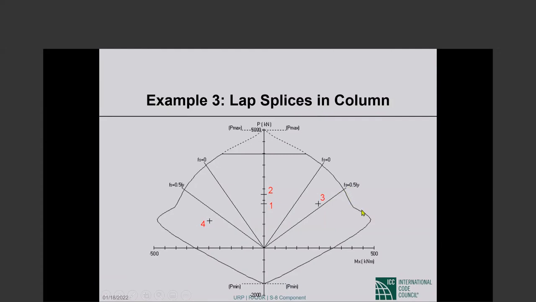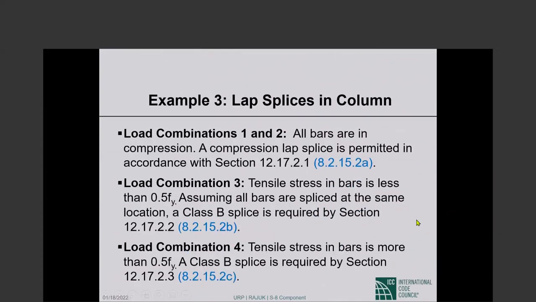This way, we have more than 50% of F sub y. This way, we have less than 50% of F sub y. Here, there is no tension. From here on, this is compression. So 3 gives you less than 50% of F sub y. The 4 gives you more than 50% of F sub y tension in your bars.